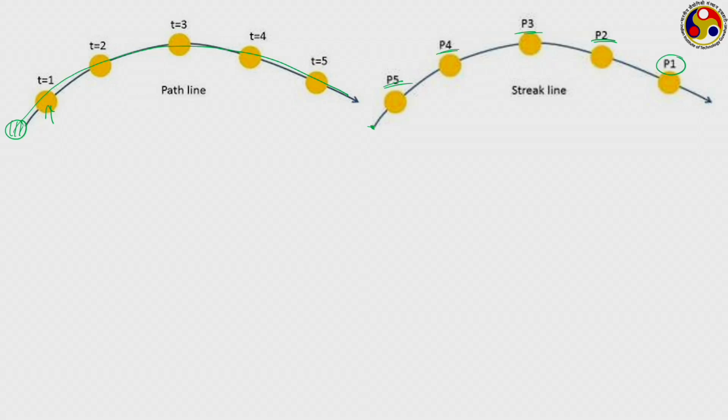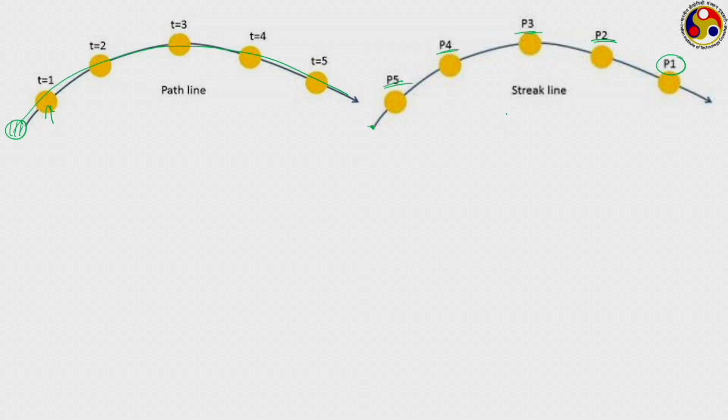So, these three lines, particularly path and streak lines, will come back again when we talk about different kinds of flow visualization techniques. For a streamline, you have already seen a mathematical description in the form of the stream function. For a path line, however, it is not possible to write any generalized mathematical equation, because it is just the locus of a moving particle, and so that depends on the particle itself.